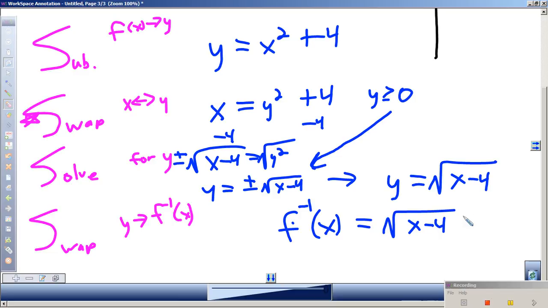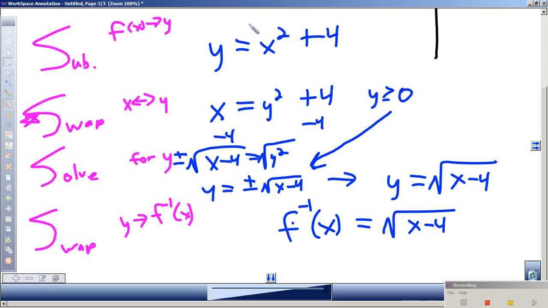What about the y squared? Okay, now because we already took care of that in this step, we don't need that anymore. Because this already is greater than or equal to 0. And what is the parent graph for this? Square root of x, how is it shifted? To the right 4 units, so we're already positive.